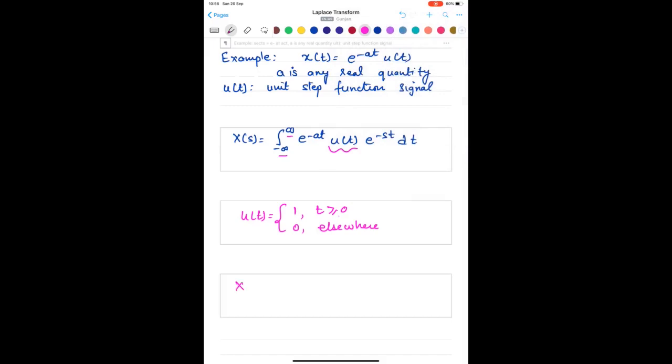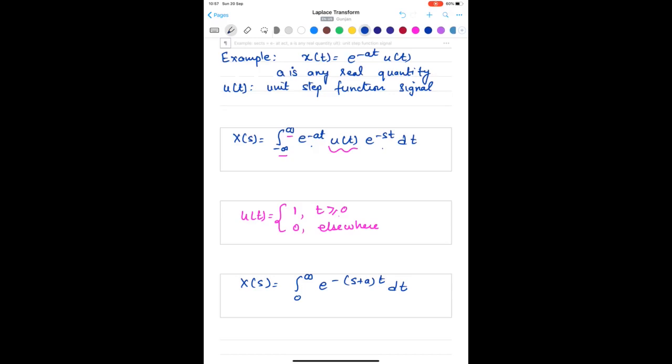So x of s will be now equal to integration from 0 to infinite. If I bring these two together, then it will be e raised to the power minus s plus a, t, dt.